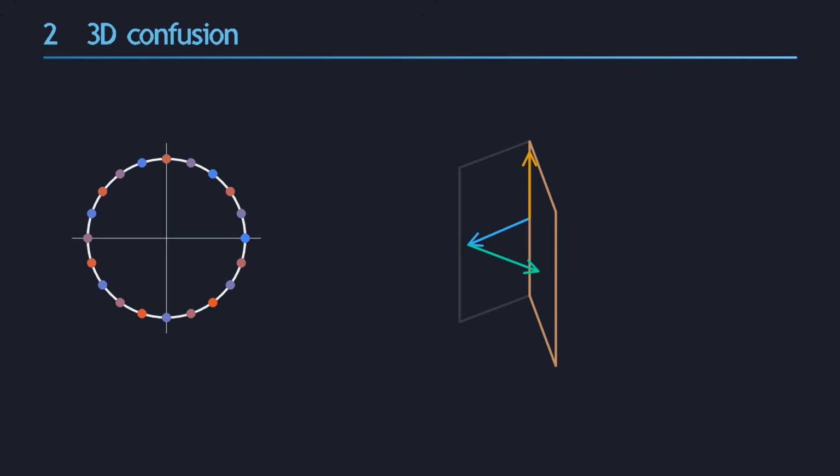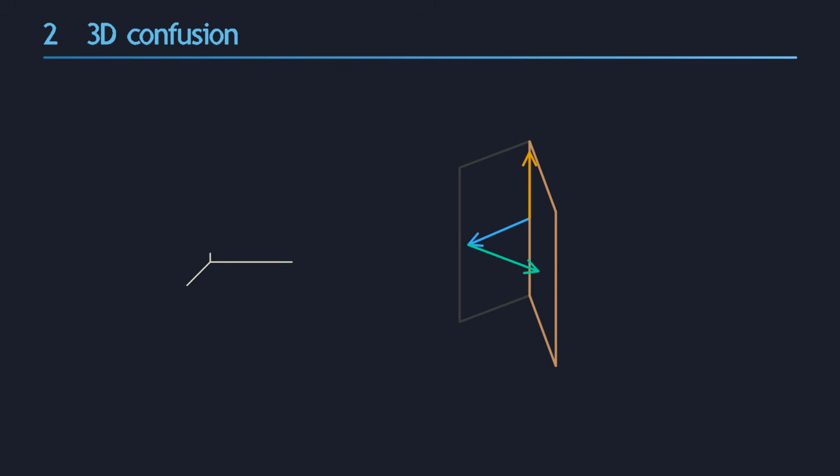If you think about this a little longer, you'll realize that rotations don't happen around an axis at all. They happen inside a plane. Rotations are fundamentally two-dimensional. The reason we are confused about this is because 3 happens to be a special number.